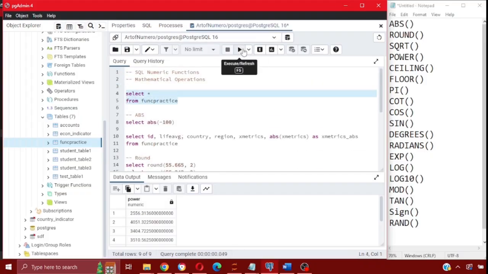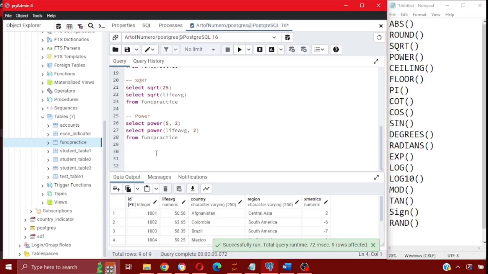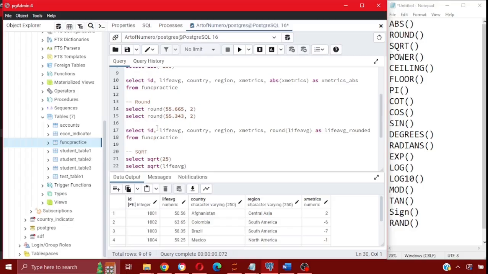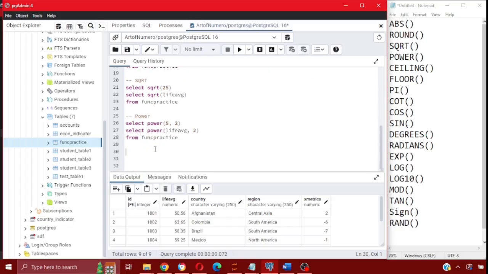I'm just going to explain what these mathematical concepts are, and then run a simple query just to get the result. Then you can use the examples I showed to apply them on a table, calling in a column from a table. But I'll just be performing it on one value from this point onward.